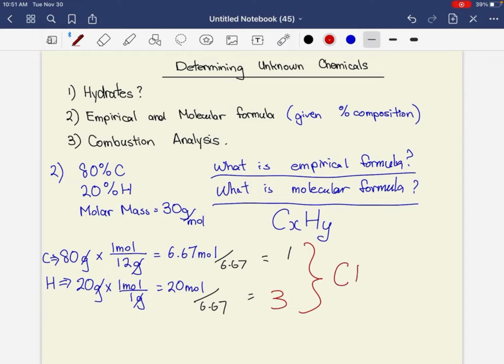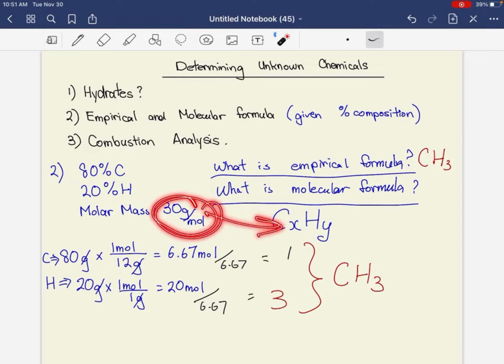All right? CH3. You don't say the 1. I've never seen people write C1H3. That will be ridiculous to acknowledge the 1. CH3. Okay, that's the empirical formula. Now let me ask you, is that an actual compound? I don't think so. Okay.